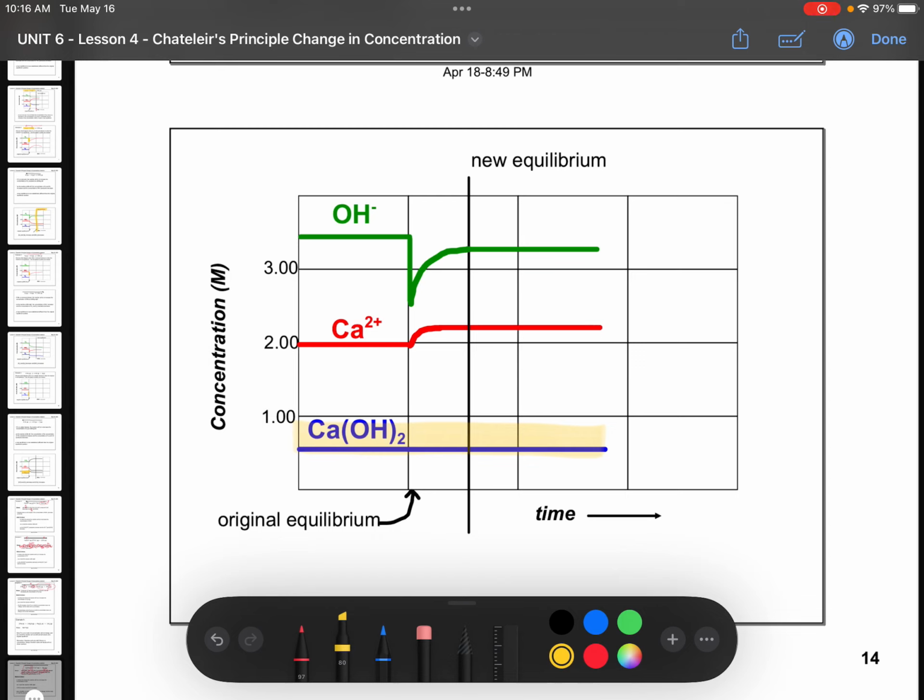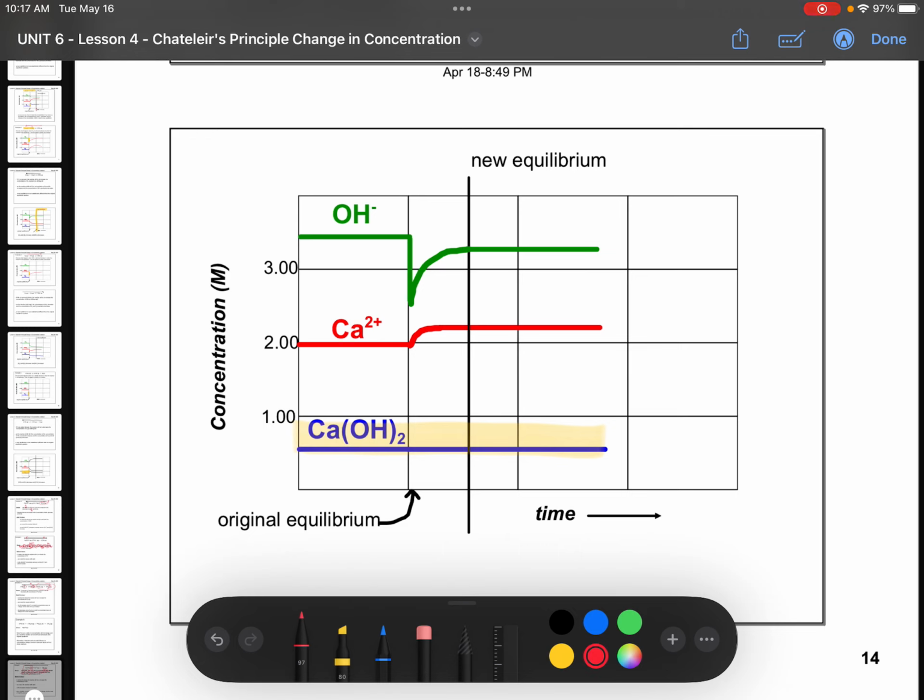Okay, so a little graph here. If we were to draw out our new equilibrium, the concentration of CaOH2 is going to stay the same because it is a solid. The only thing that's going to change is that we had a decrease in OH. Because the stress on OH caused it to decrease, in order for it to reach equilibrium, it has to increase, as well as Ca, because it is also a product.